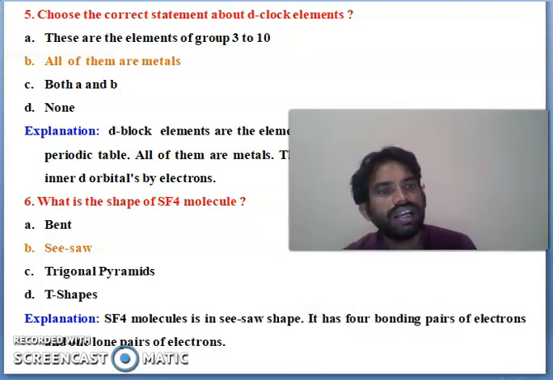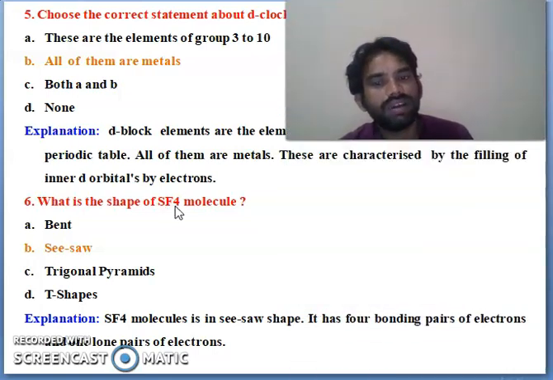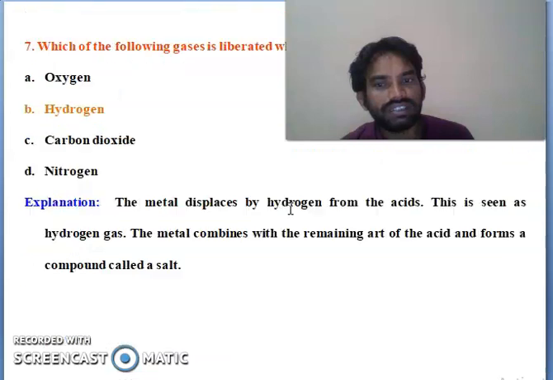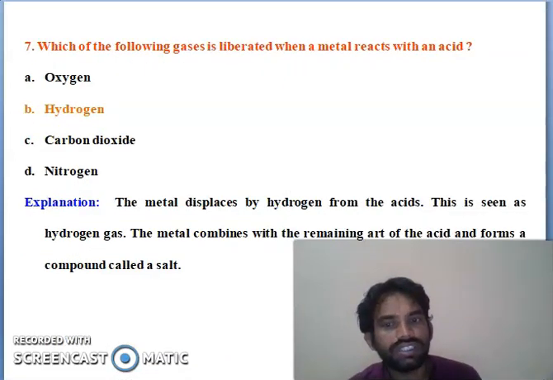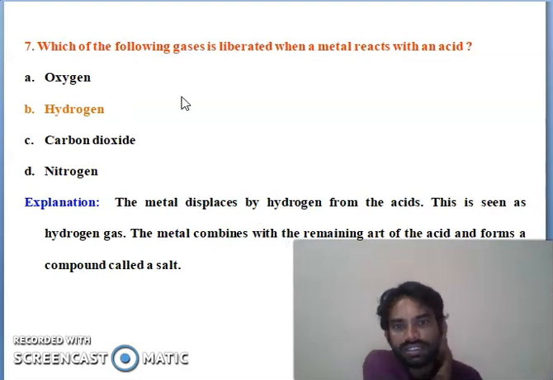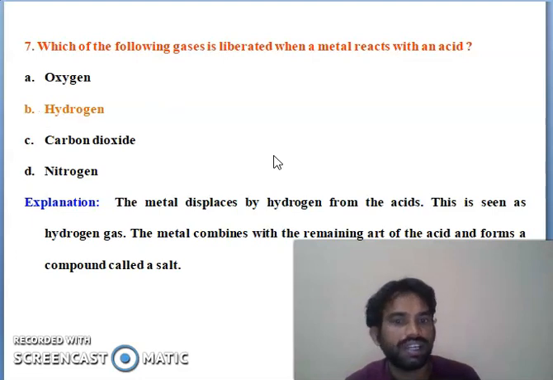Okay, and next, you can see: what is the shape of the SF4 molecule? Here given is bent. Seventh one: which of the following gases is liberated when a metal reacts with an acid? The correct answer is hydrogen. You can read the explanation part here also clearly.